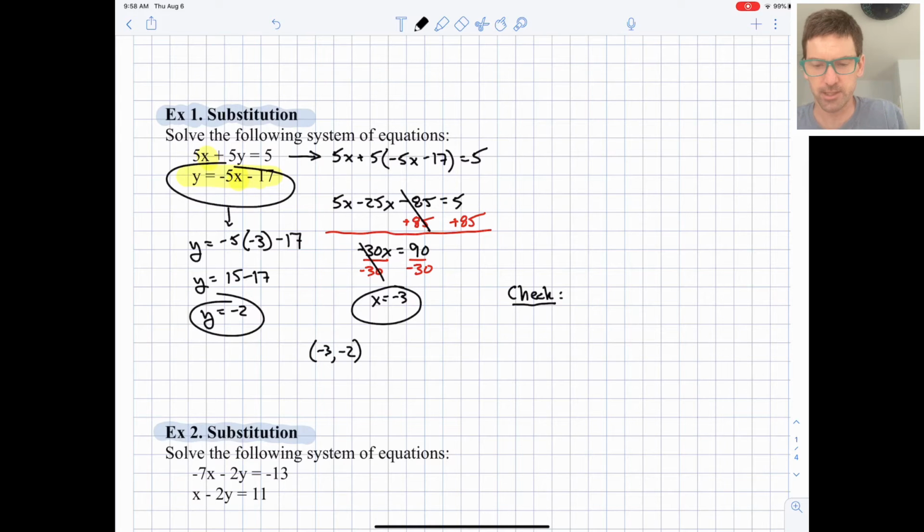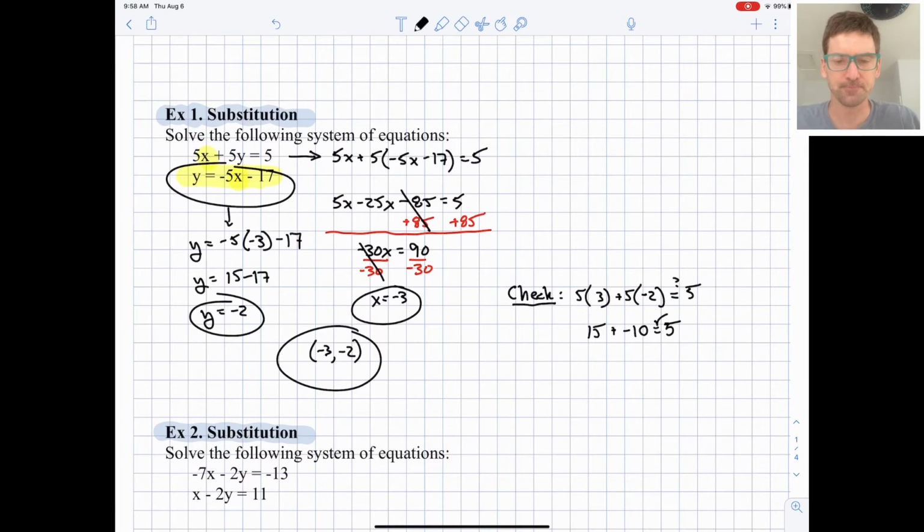So 5 times x, which is negative 3, plus 5 times y, which is negative 2. And we're wondering, is that all equal to 5? So is 15 plus negative 10 equal to 5? It is, it checks out, so it looks like we did it correctly, so that would be our final answer.